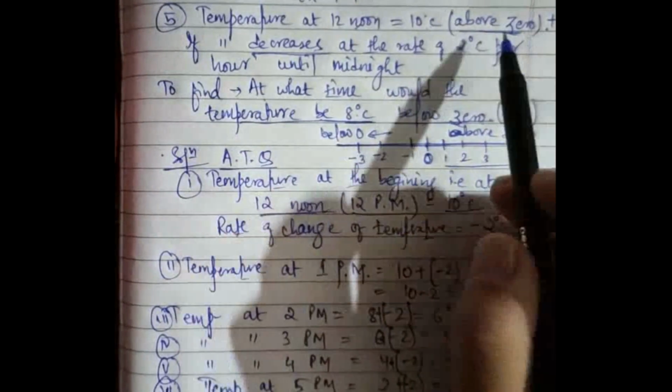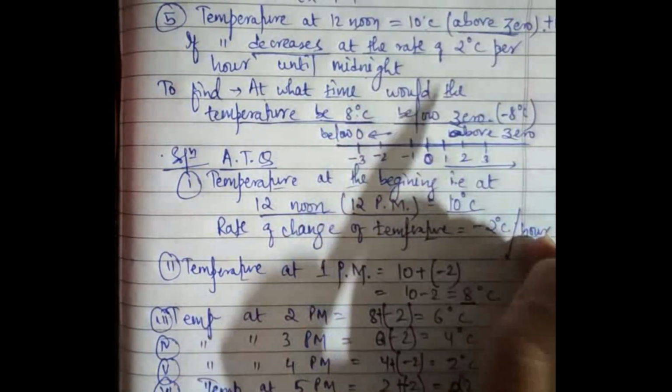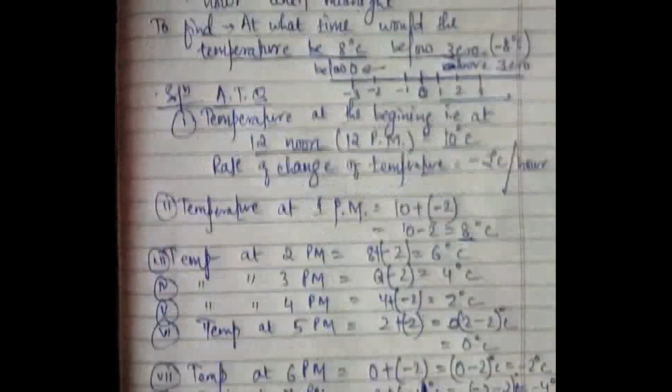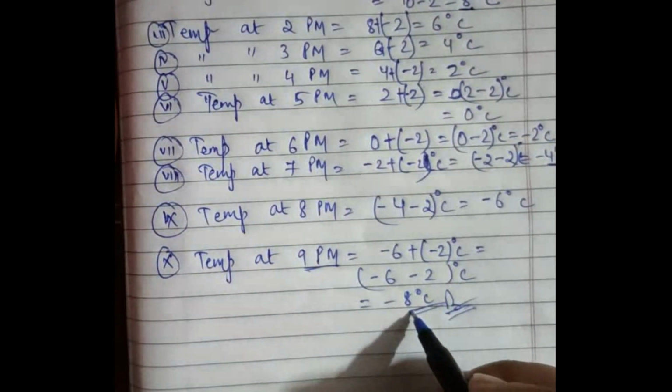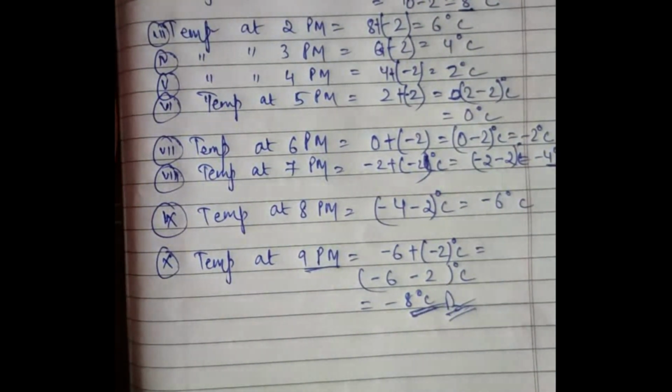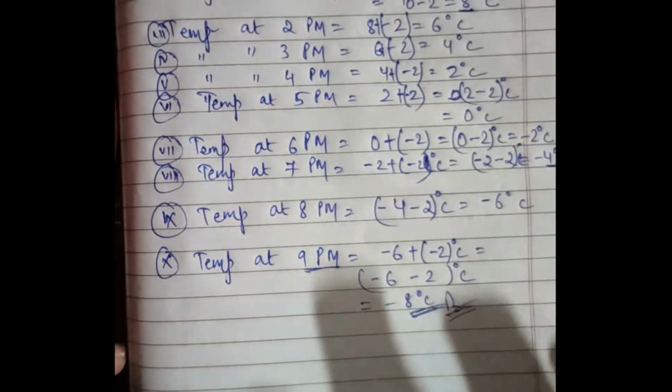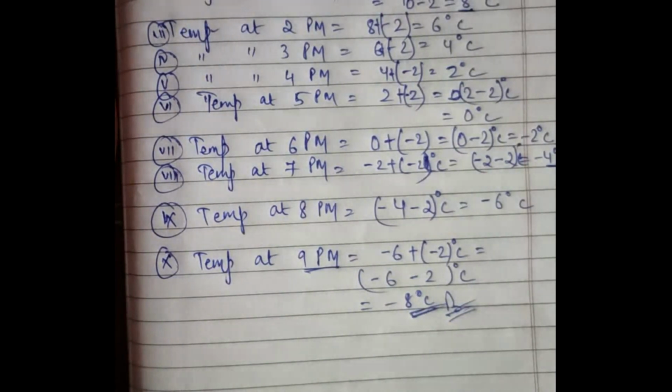That's why our 10 degrees Celsius is positive 10. Alright. So we got this answer. At 9 p.m. the temperature will be minus 8 degrees Celsius. I hope this is the clear one, easy one, right? This was quite lengthy, but it is understandable, isn't it?